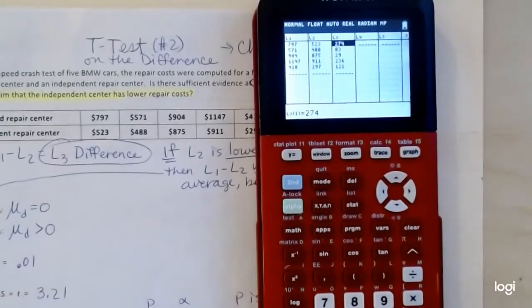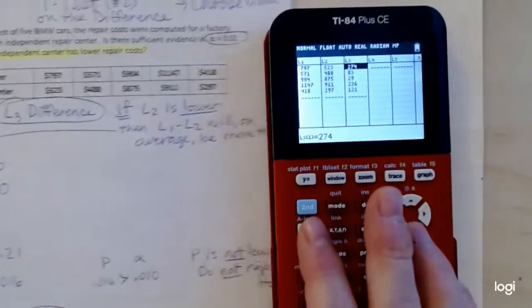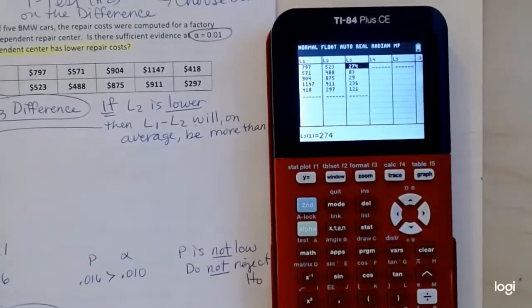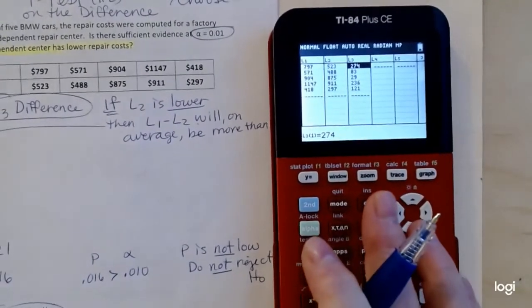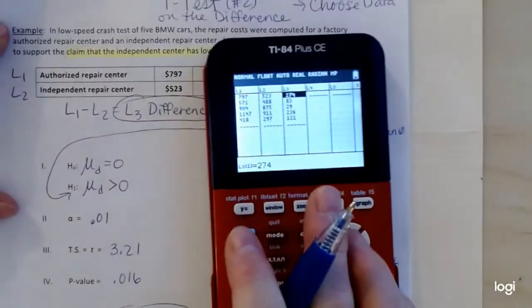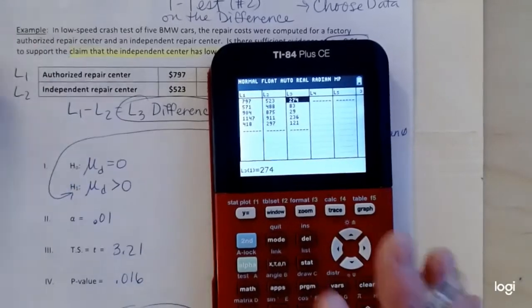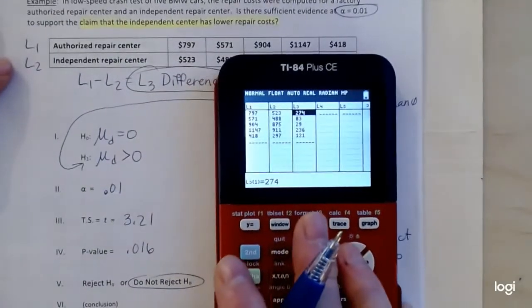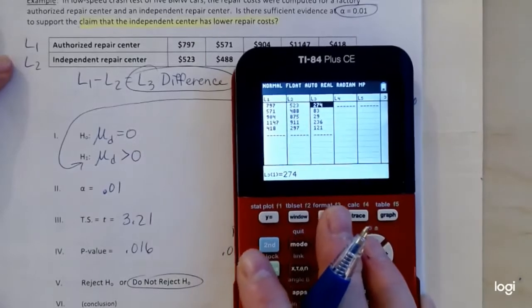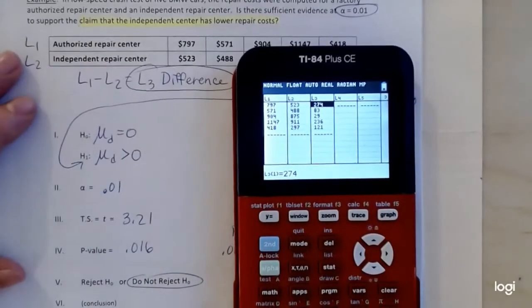Voila. So now I have a list of the differences, and I simply perform the test on list 3. I don't have to worry about list 1 and list 2 anymore. These are the differences, and we're looking at, on average, are these differences 0? Now, because of our really strict alpha, we may not get the result that we might expect, but that's the way these tests go.